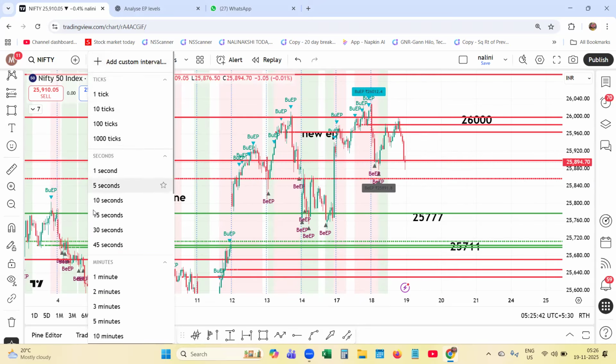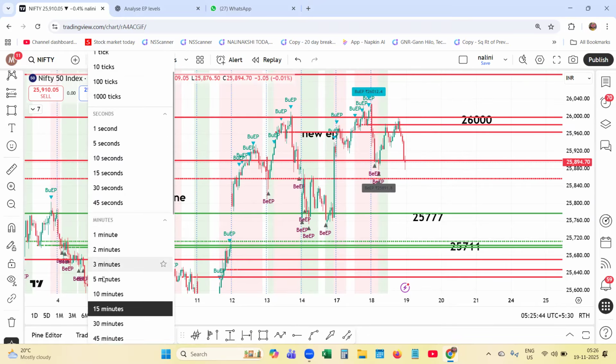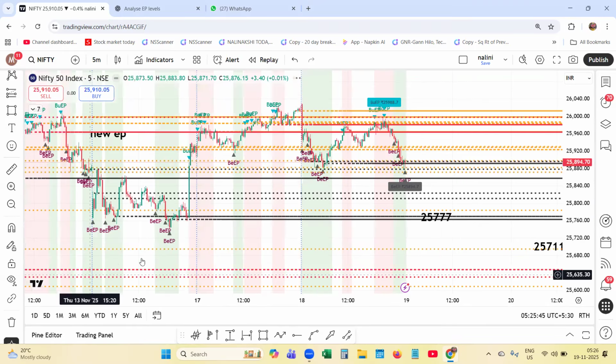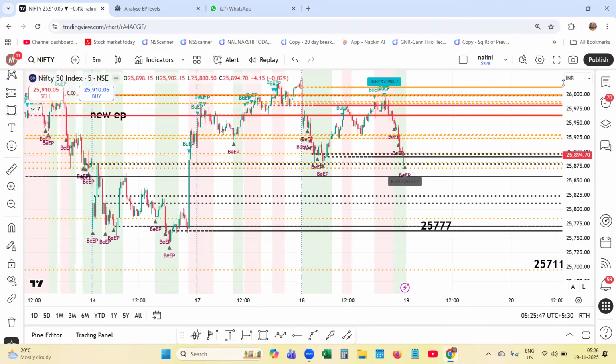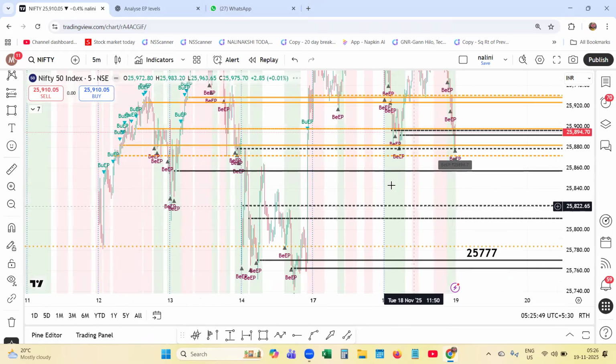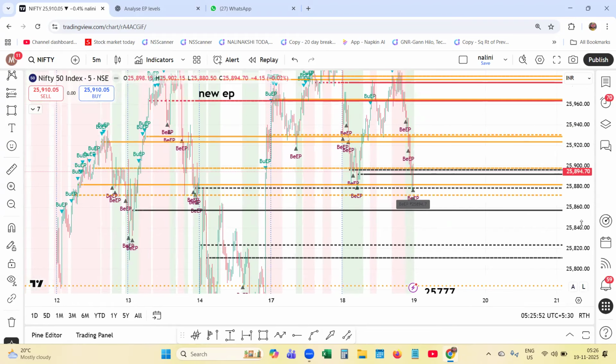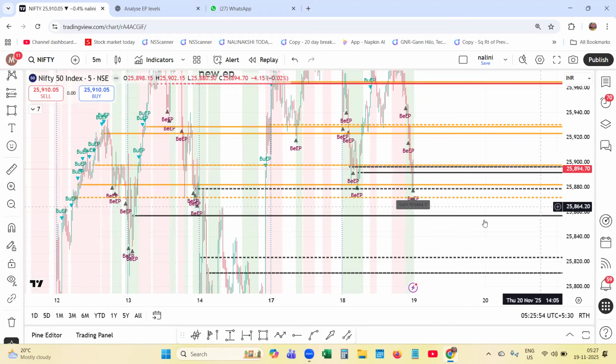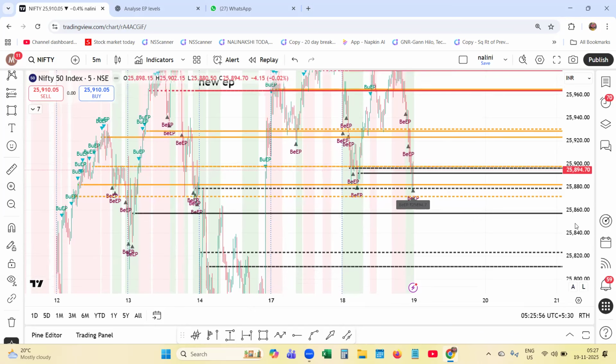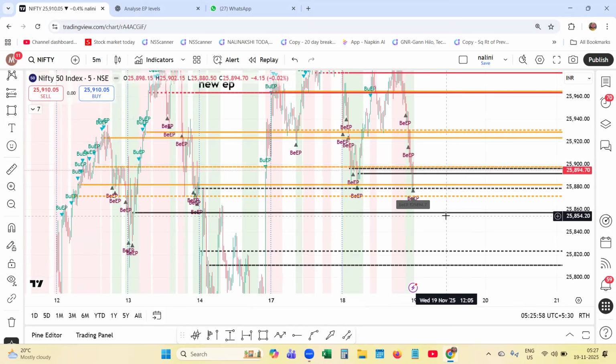And I am going to the 5-minute chart. I am getting these levels. Black line is for intraday, 15-minute PE level and 15-minute CE level.